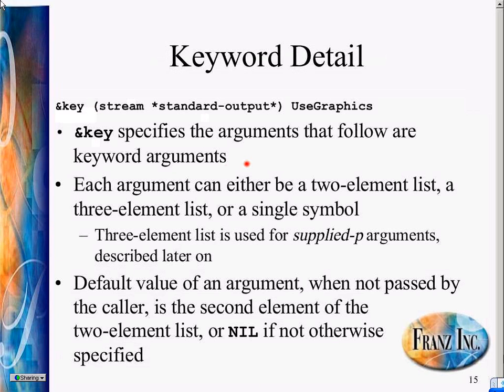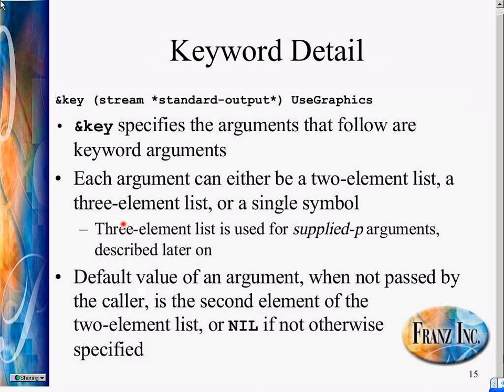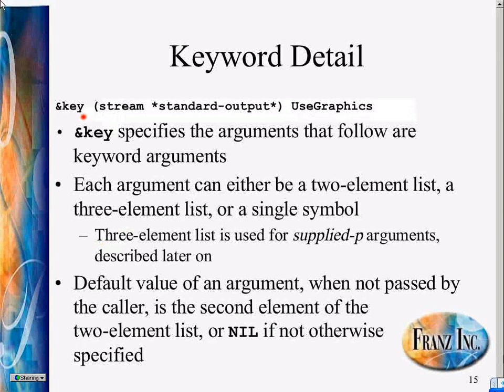So again, we have this and key says what follows. The argument is either a symbol itself or a 2-element list or a 3-element list. The third element of the 3-element list is an additional symbol, which will be T or nil, depending on whether the argument was explicitly supplied.